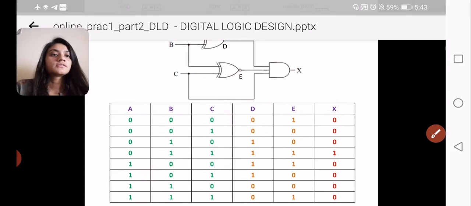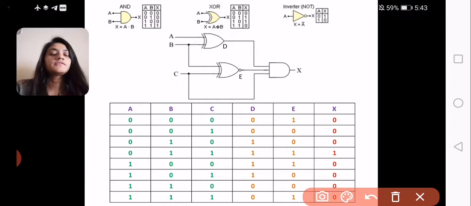Okay. So now let us begin with the first combination. In the first row you can see that the values of A, B and C are 0, 0, 0. So you have to simply put 0 value at the appropriate lines.